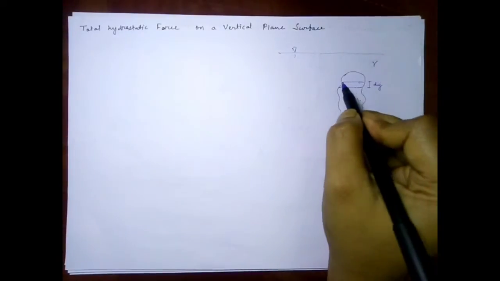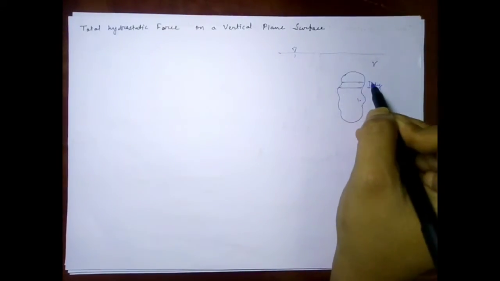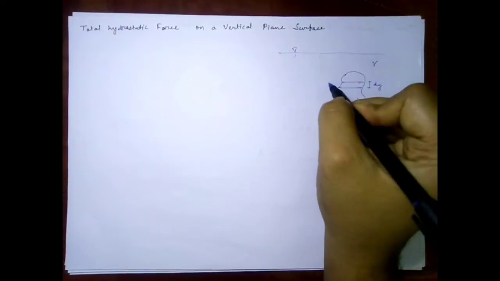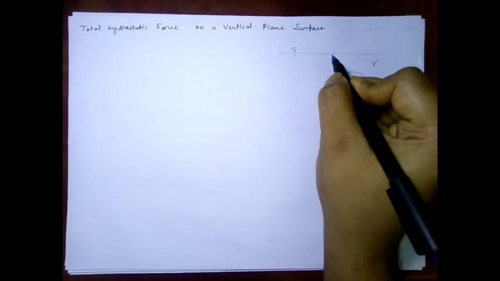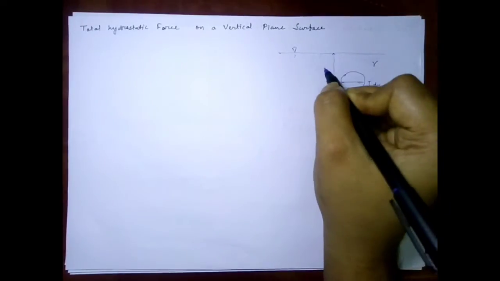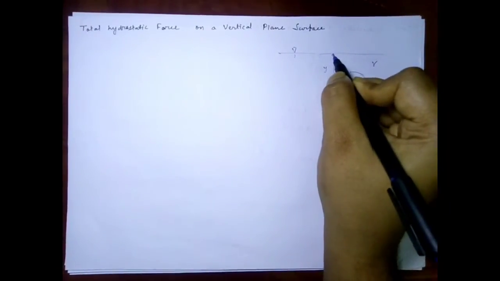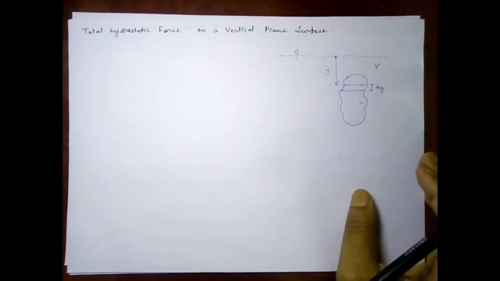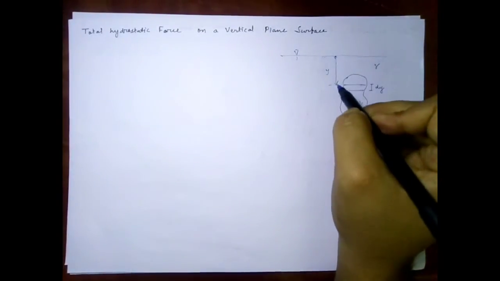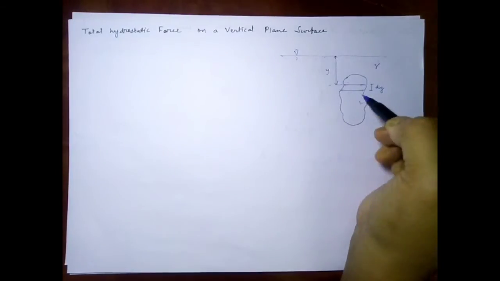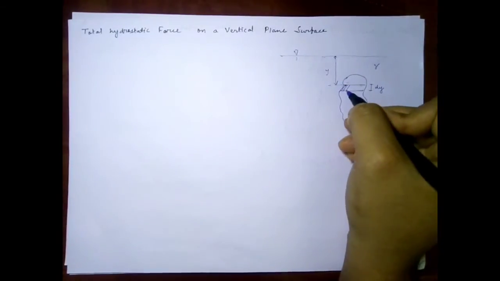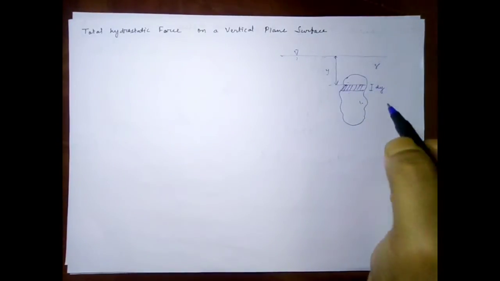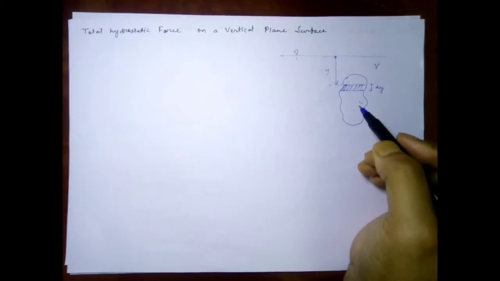This strip has a depth y from the free liquid surface, in the irregularly shaped vertically immersed body.